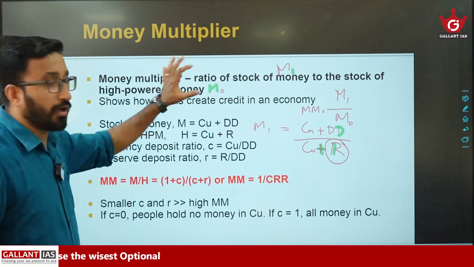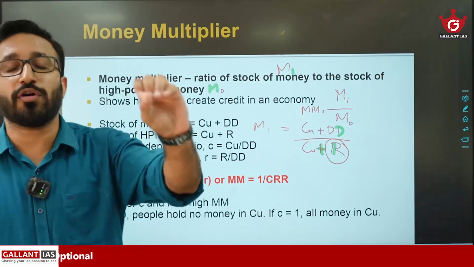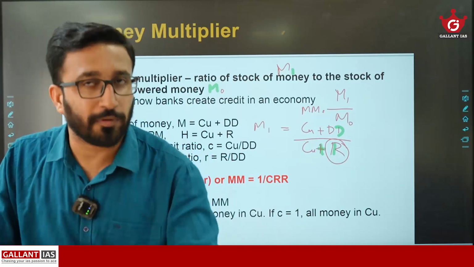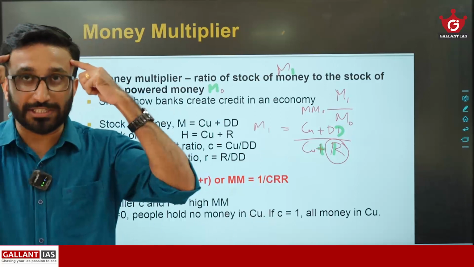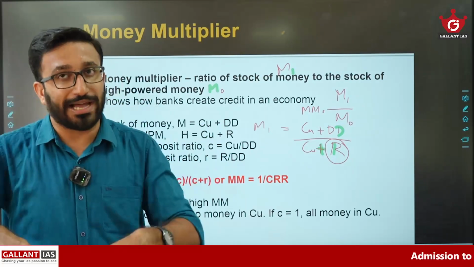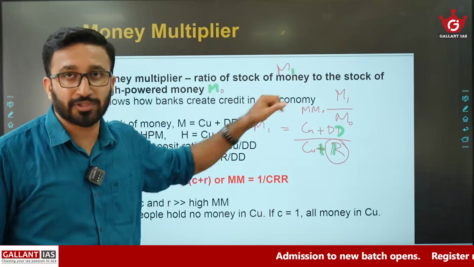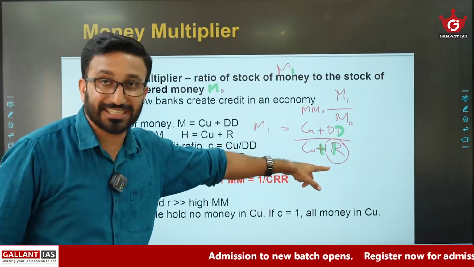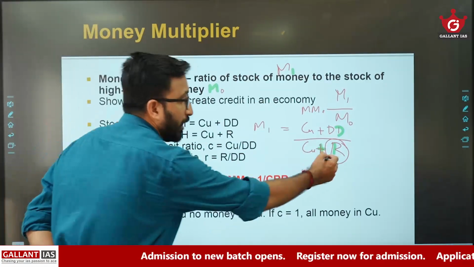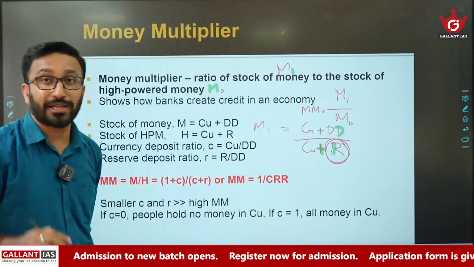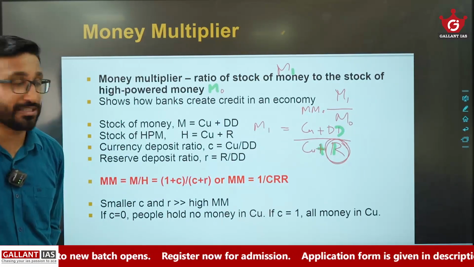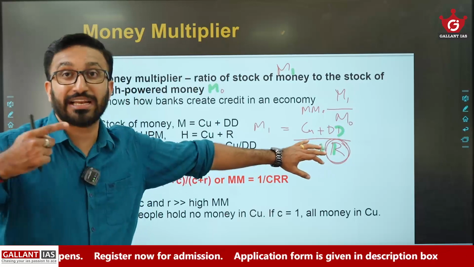So first of all, what is money multiplier? This is the ratio of stock of money to stock of high powered money. So you know the definition. Then you can deduce from that. What is stock of money? M1. What is stock of high powered money? M0. And M0 contains reserve. So in the denominator we have reserve. What happens if reserve is increased? The denominator gets increased.